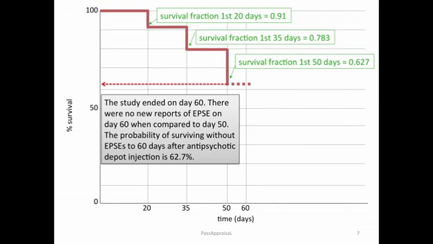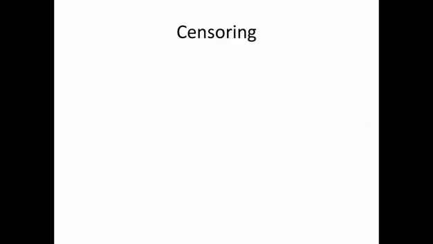The study ended on day 60. There were no new reports of EPSEs on day 60 when compared to day 50. The probability of surviving without EPSEs up to 60 days after antipsychotic depot injection is 62.7%. So this is how a Kaplan-Meier curve is constructed.